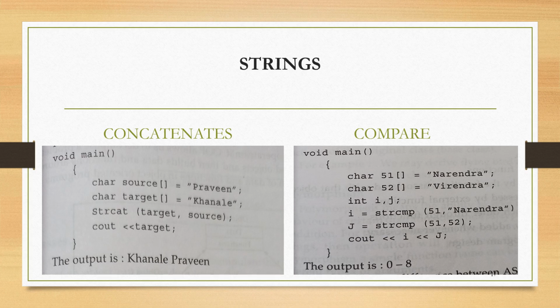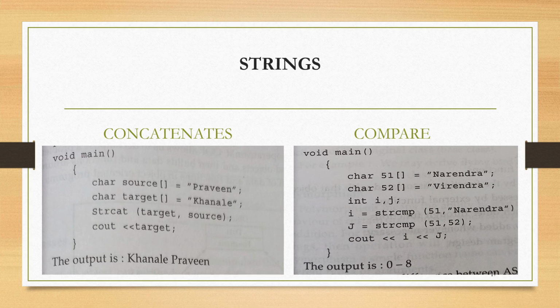The last one is compare. Suppose S1 is a string and S2 is a string. You write S1 as Narendra, and S2 as another string, Virendra. I and J are integers we have defined.